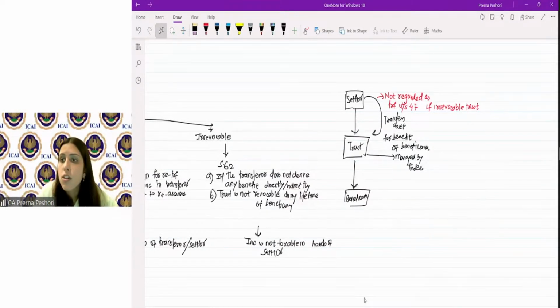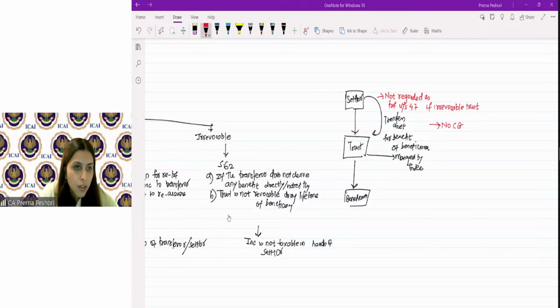So therefore, no capital gains. There will not be any capital gains in the hands of the settlor. Are we clear?